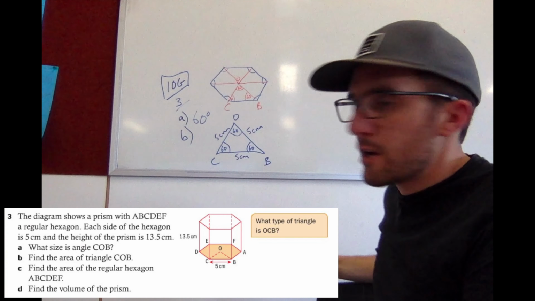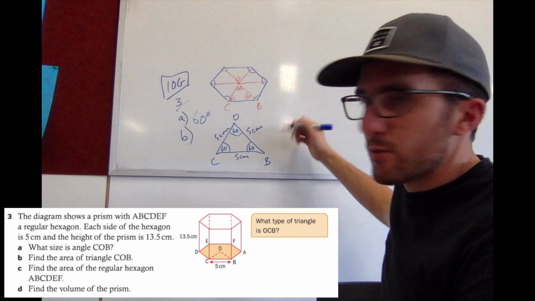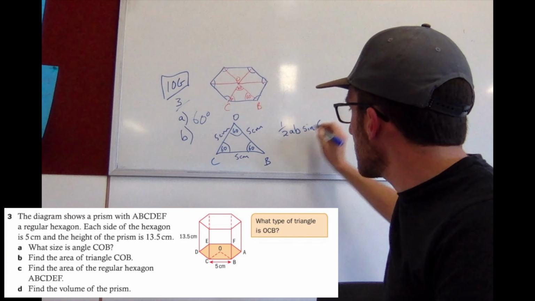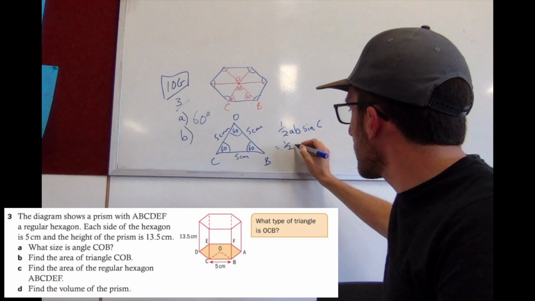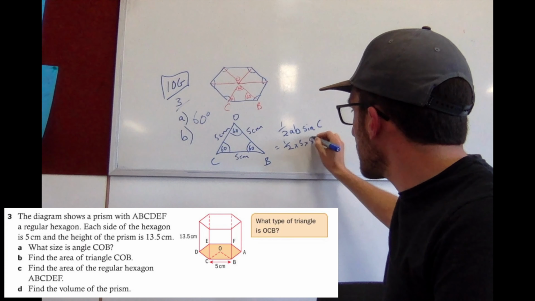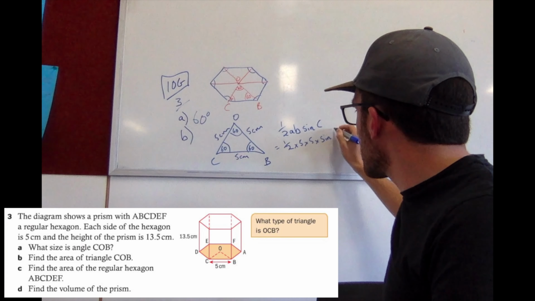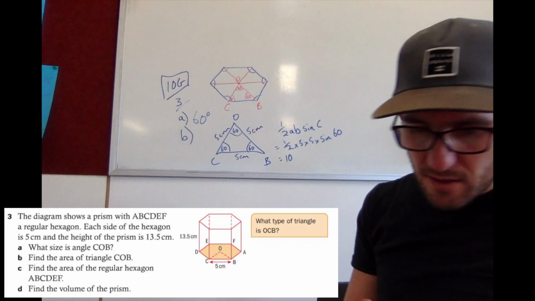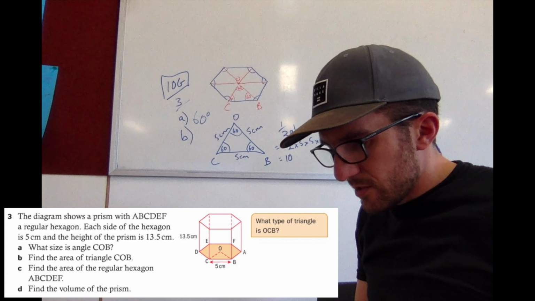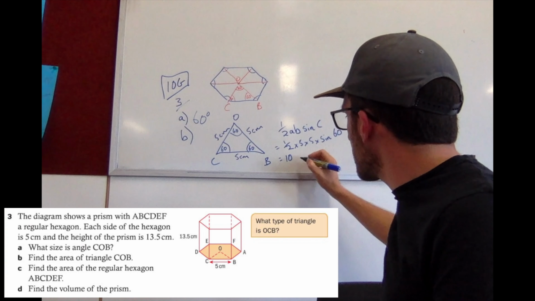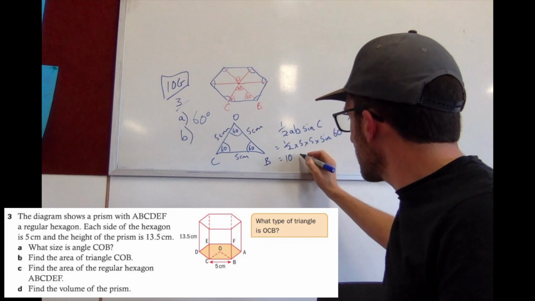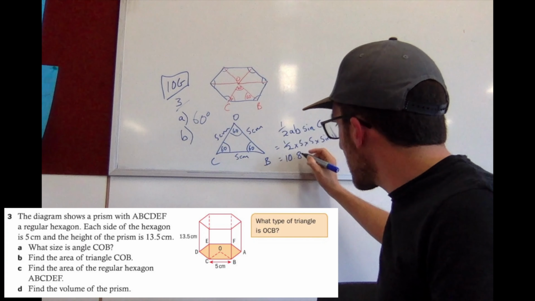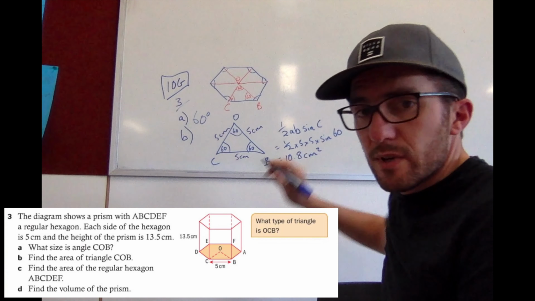So we can just use our area of a triangle formula, half ab sine C, which will equal half times 5 times 5 times sine 60, and so we get 10.82. So let's go 3 significant figures, so 10.8, and that is area, so centimeters squared.